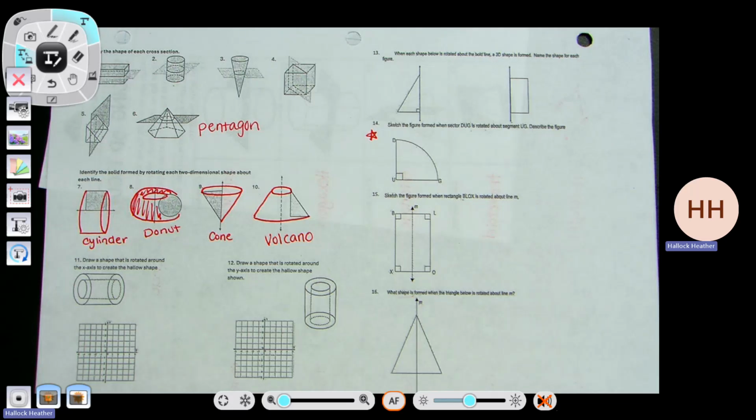Wait, don't say. How do we know where it's from? Not too low. This one, I don't know.